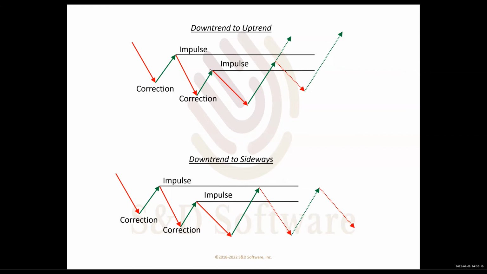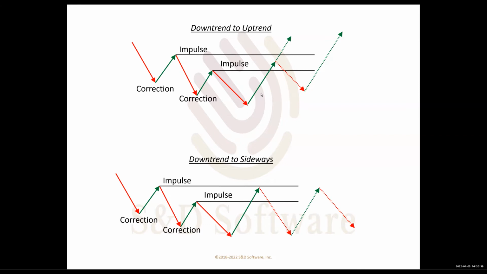So that gives us one break. So at this point, we could be getting ready to go sideways. If this impulse continues upwards and gives us a second break, where we get above this transition point here, that gives us our two breaks, and we have a reversal taking place.